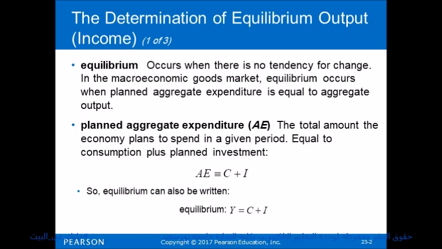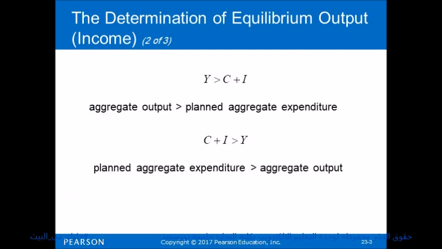Or algebraically, we can write AE is identical to C plus I. So equilibrium can also be written as a condition in the form Y, or income, equals C plus I.